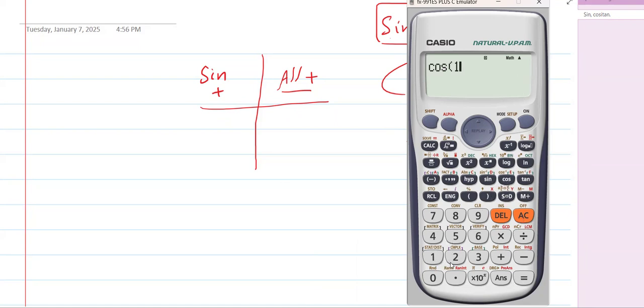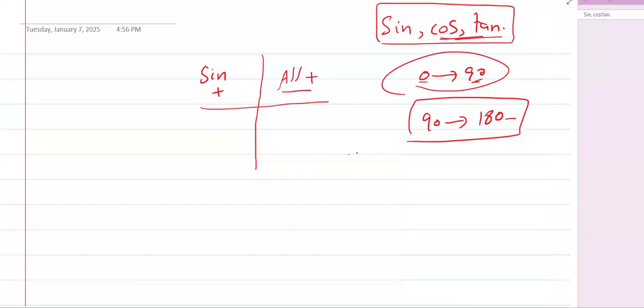Take cos 120. You will see it is negative. Take tangent 120. Negative. So from 90 to 180, only sine will be positive, the other two will be negative.